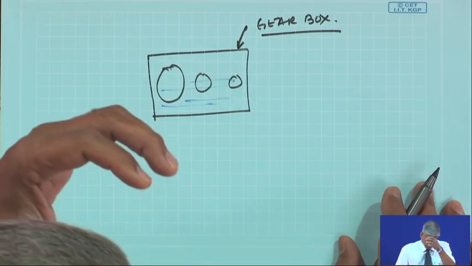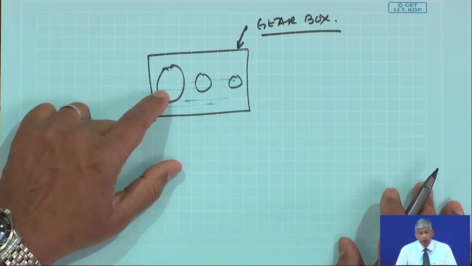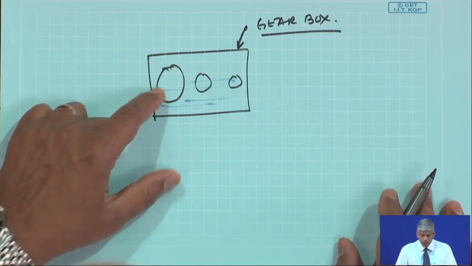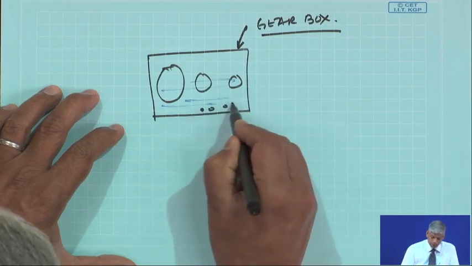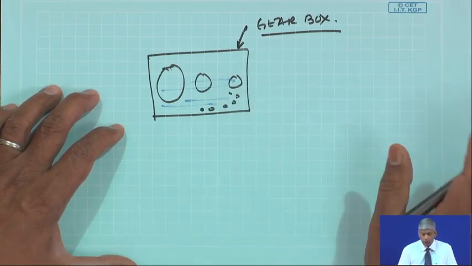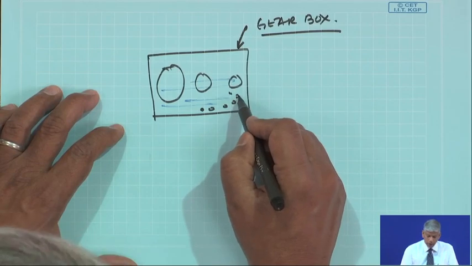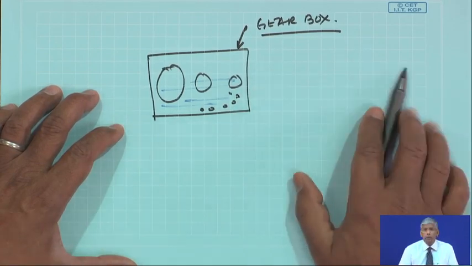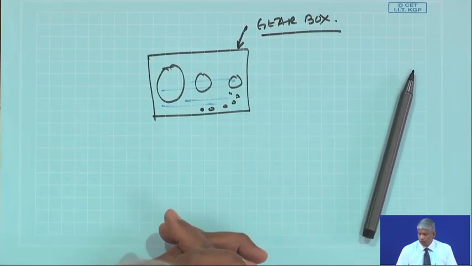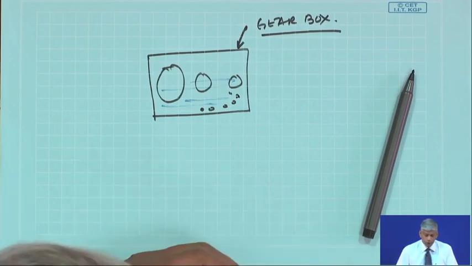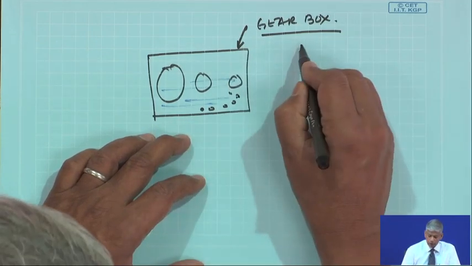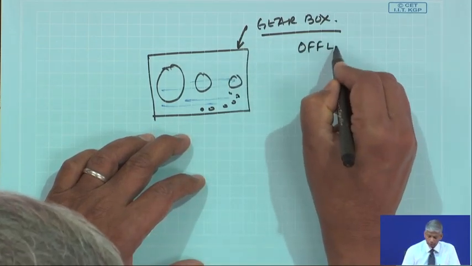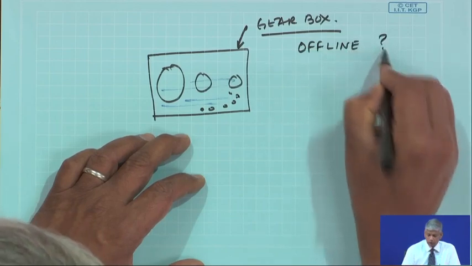But sometimes it so happens these gears will wear out and these wear particles will get deposited. So, the oil gets spoiled, but looking at the chemical composition, the size of the wear particles, the shape, the quantity, we can get a clue as to what is the condition of the gearbox, and this is usually done offline. So, who does this?